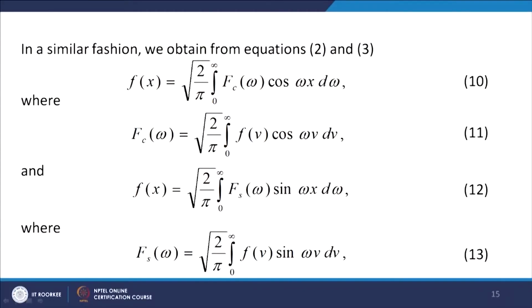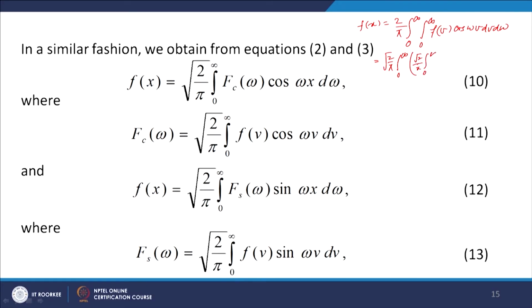So, from that representation f(x) becomes the Fourier cosine integral, 2 over pi, integral 0 to infinity, of integral 0 to infinity f(b) cos omega b db, d omega. This Fourier cosine integral you can break into two parts, root 2 over pi and root 2 over pi.